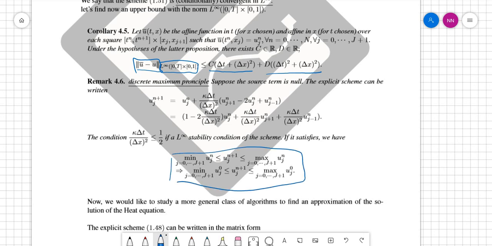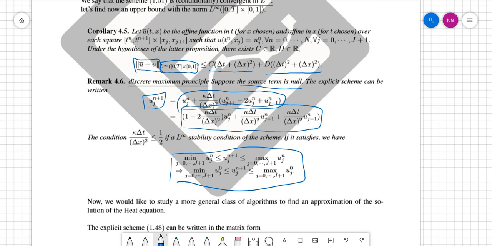If u_j^{n+1} can be written as we wrote it earlier, and this is only true when the source term is null, meaning f is equal to 0, then from the discretized form we can write this kind of expression with these coefficients.